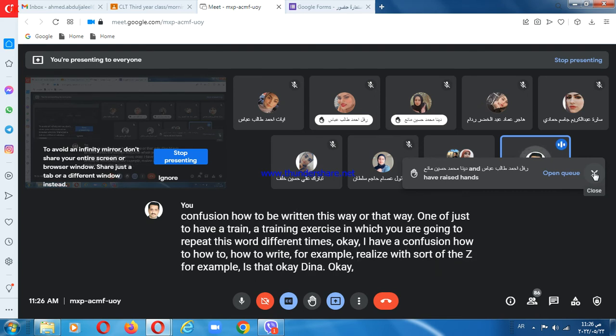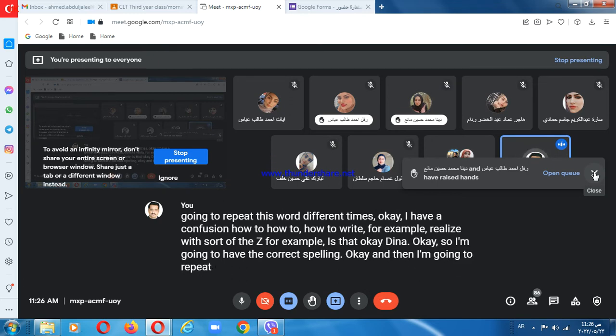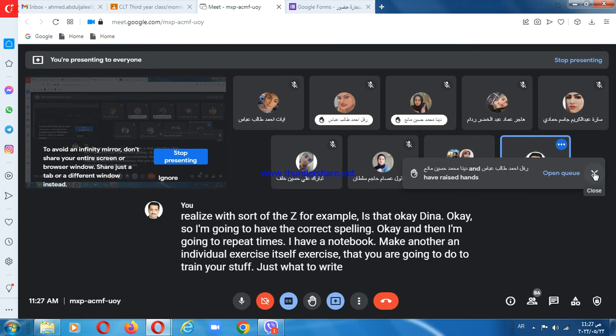So I write the correct spelling and repeat it several times in a notebook. It is a self-exercise to train yourself to write it this way. Why not? So it needs training, by the way.